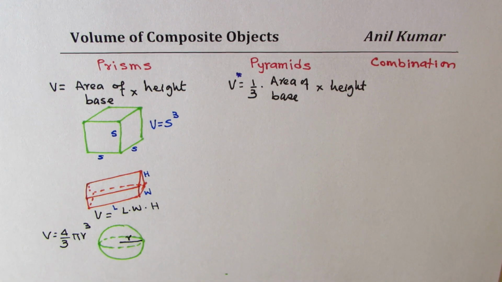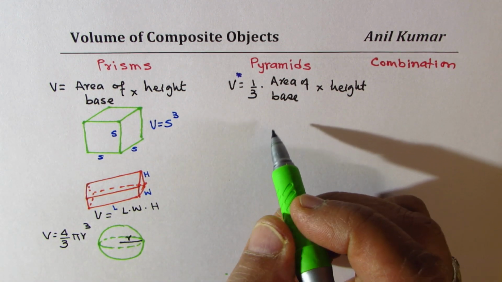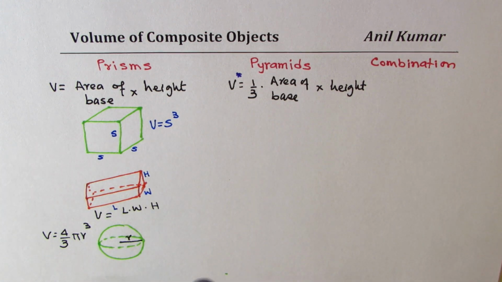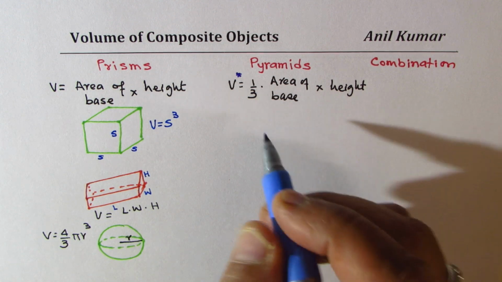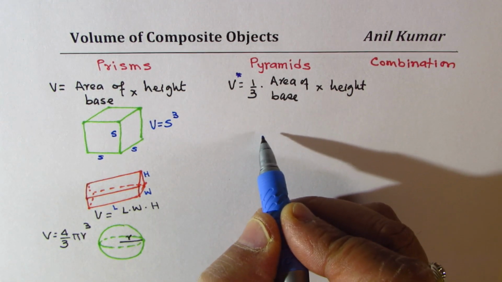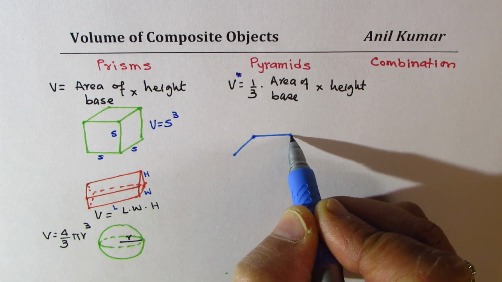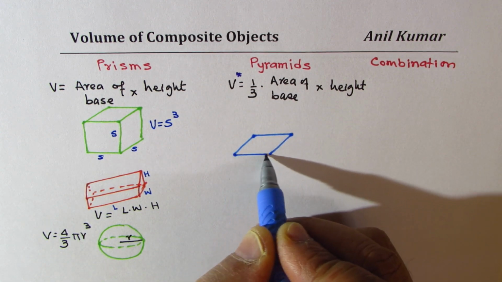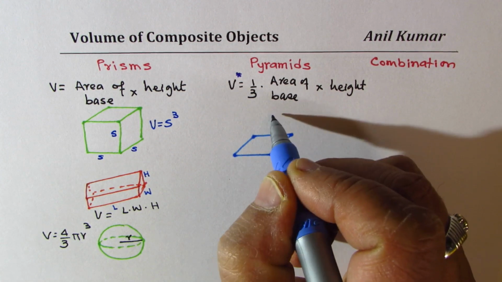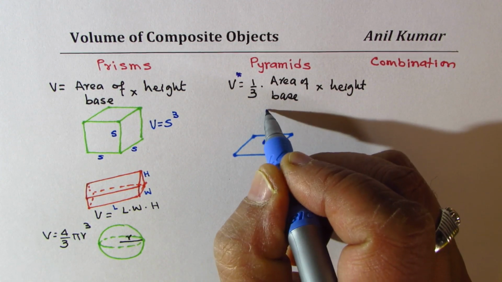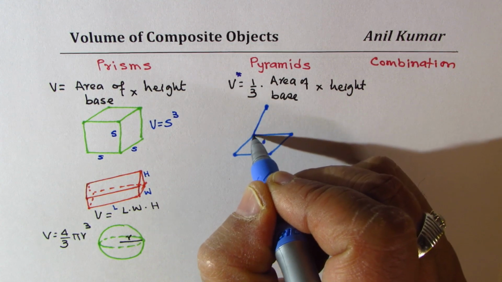As far as the pyramids are concerned, a prism could also be like a cylinder. So let me make a sketch here for a pyramid. Let's say we have a square base pyramid, with the height kind of like this. Let me just join them.